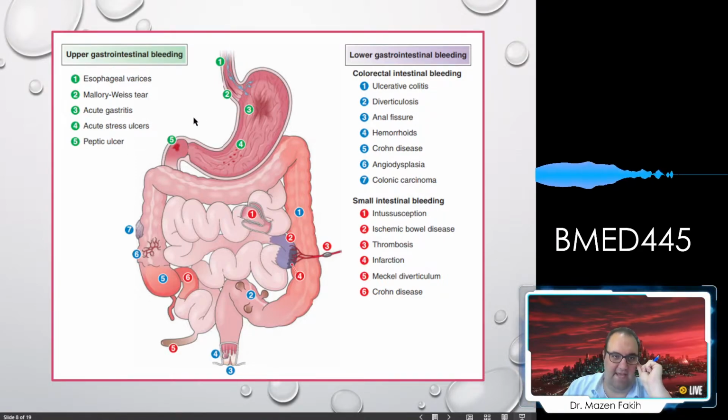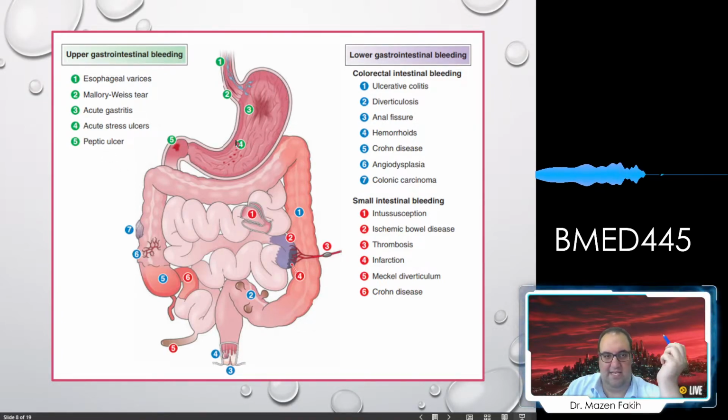You can have acute gastritis, acute stress ulcers, a peptic ulcer. The difference is the ulcers are in the stomach or the duodenum. And in lower gastrointestinal bleeding, you can have different diseases, among them the two different types of colitis, which are ulcerative colitis and Crohn's disease.